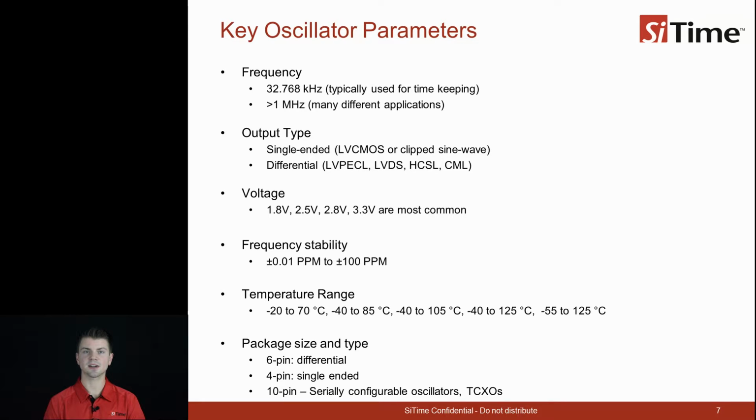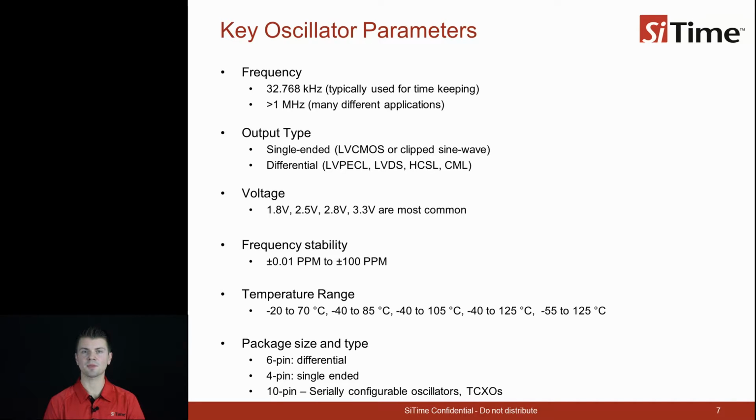The second consideration is output type. The most common output formats are LV-CMOS for crystal oscillators and LV-CMOS or clipped sine wave for TCXOs. LV-CMOS outputs drive a single output pin and usually have a voltage swing which is approximately rail to rail.